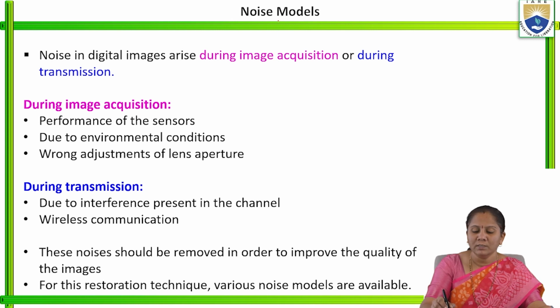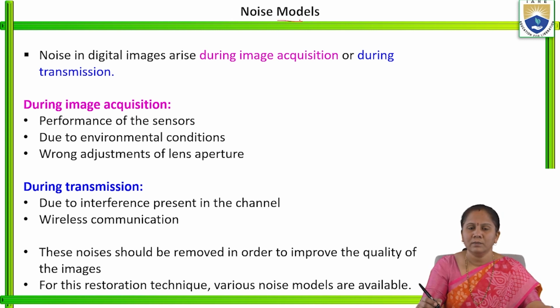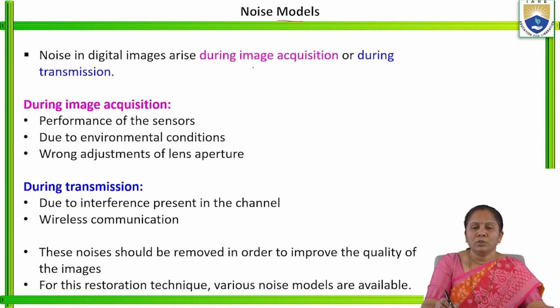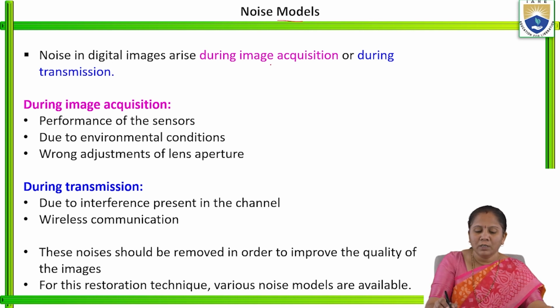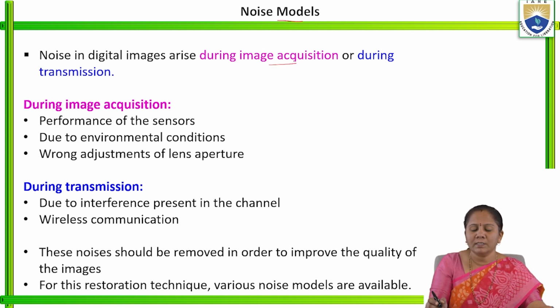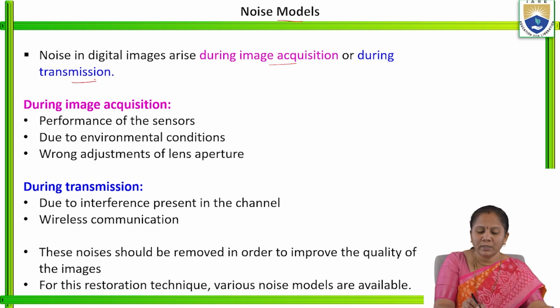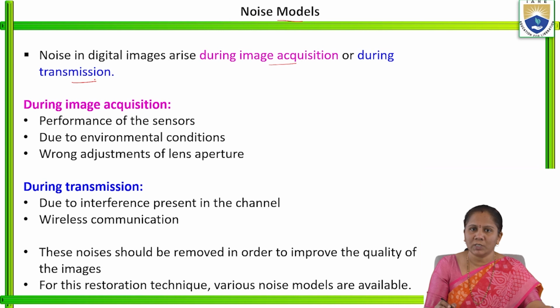Now coming to the second topic, which is noise models. Generally noise is included in images while they are acquired. That is, during image acquisition, noise may be included in the images due to many reasons. Noise in digital images arises during image acquisition or during image transmission.